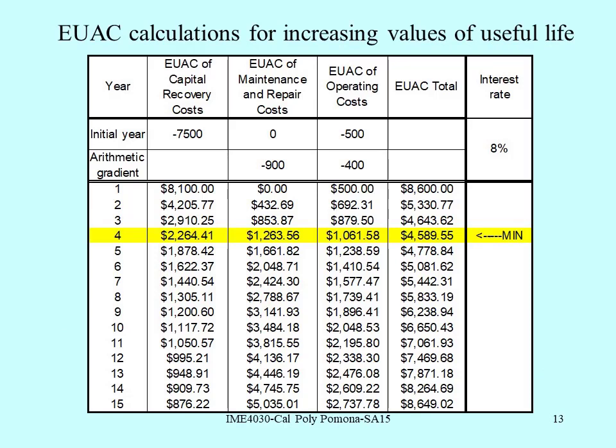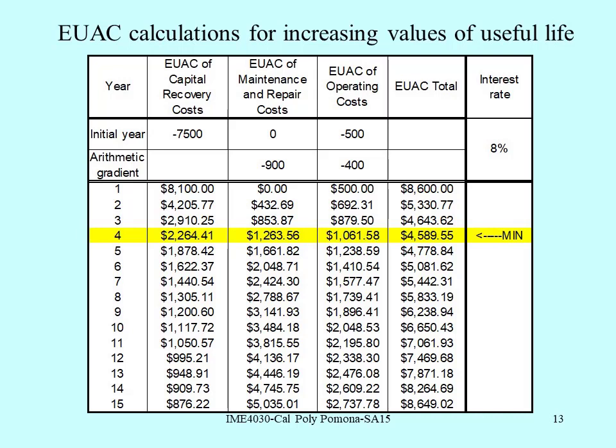Let's take a look at this. This is where we're calculating the EUAC for each value of n. Let's look at the highlighted year, year number 4. In the first column is the EUAC of capital recovery. That is the equivalent uniform annual cost of the $7,500 initial investment.